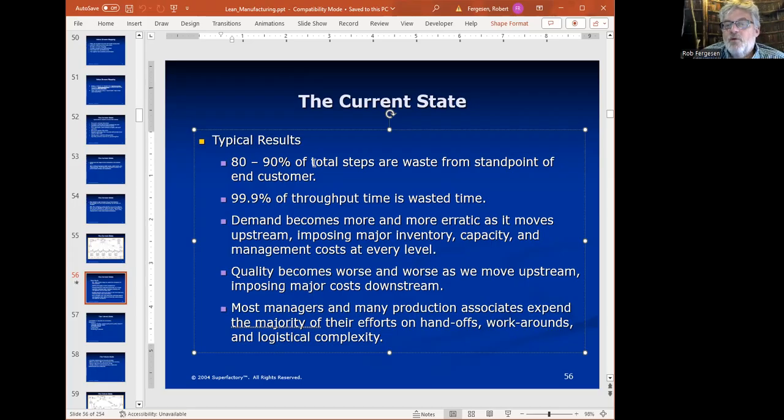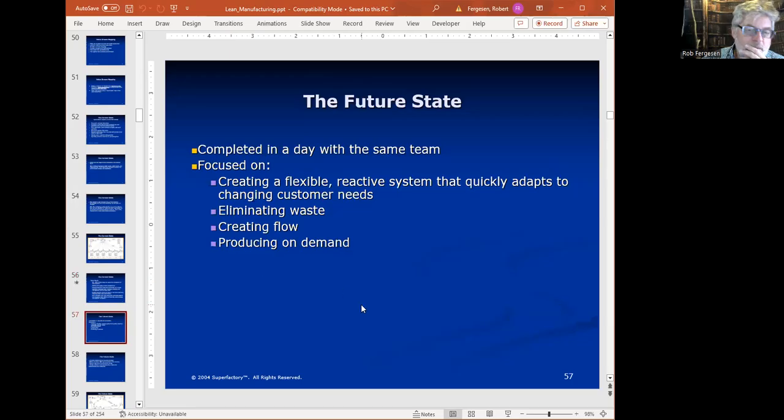They don't care about anything but whether that product works or not. And you also see that nearly 100% of throughput time is wasted time. So what's the effect of that current state? If demand becomes erratic, it creates problems with inventory, capacity, and costs. Quality becomes worse, and there's a lot of issues with that. So that's pretty much typical.